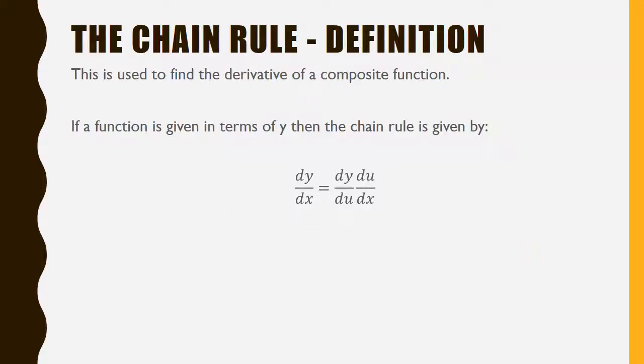So the chain rule, like I mentioned, is used to find the derivative of a composite function, a function within a function. You'll remember earlier this year we looked at developing composite functions, for example f of g of x.